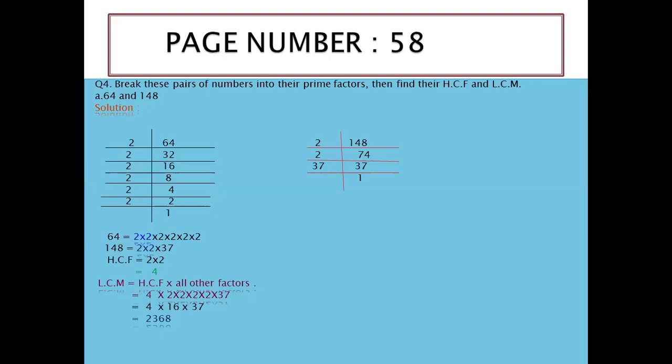When we divide 64 by 2, 32, then again by 2, 16, again by 2, 8. 8 is divisible by 2, 4 is divisible by 2, and 2 also divisible by 2. So the factors of 64 are, how many 2's are there? 1, 2, 3, 4, 5, 6. It means that when you multiply 2 six times, then we have 64.